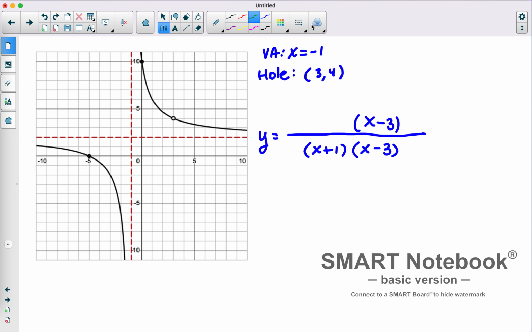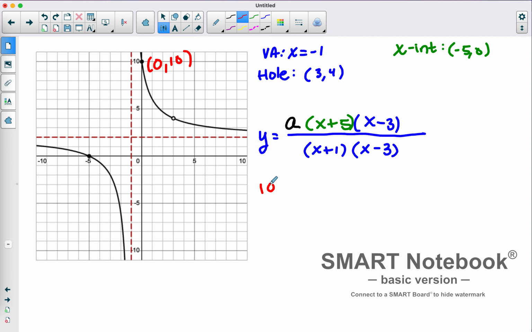There is an x-intercept over here at -5. That gives me a factor of x plus 5 in the numerator. And we might have some constant factor as well to consider. So I'm going to plug in the y-intercept here at (0, 10).